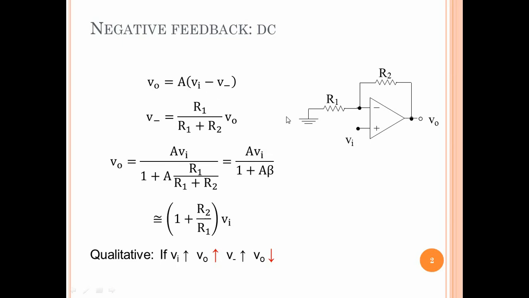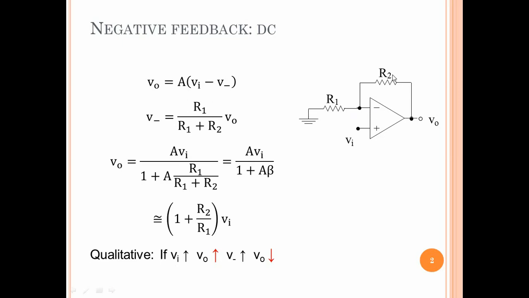The fundamental equation describing this amplifier is that the output voltage is equal to the gain of the op amp times the difference between the voltages applied at the two inputs. So we say VO is equal to A into VI minus V minus, where V minus is the voltage at the negative input node.